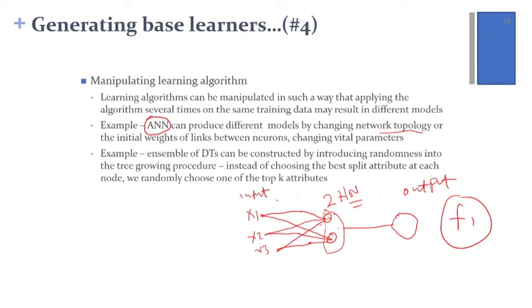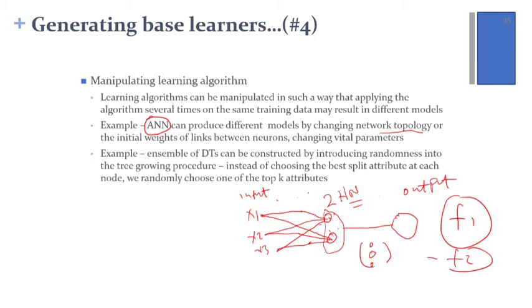In the second model, I'm going to use 3. Instead of 2, I'm changing it to 3 inside. In that case, it's going to be F2, another model entirely. By changing the number of hidden neurons, you are building a new model because the process is going to be totally different, resulting in a different hypothesis function.